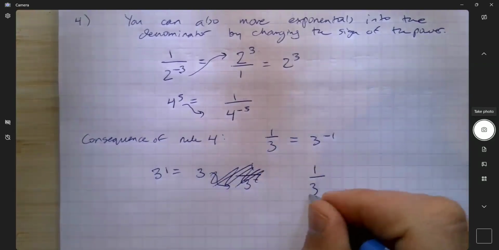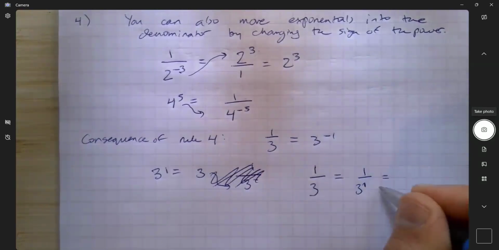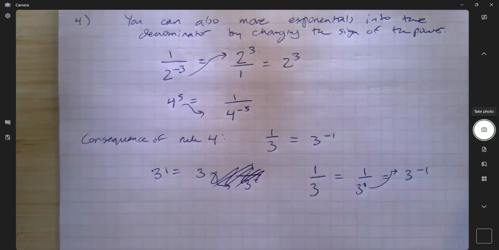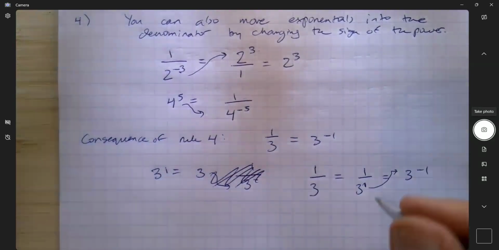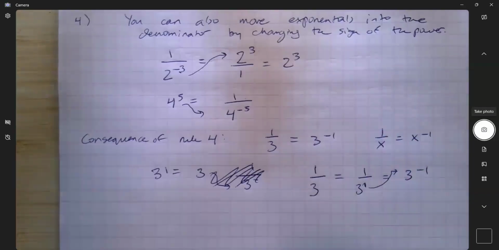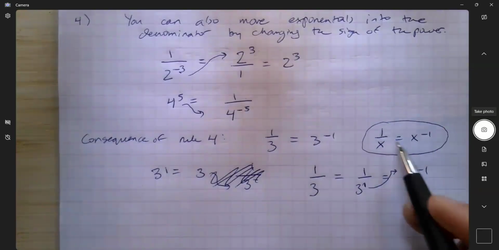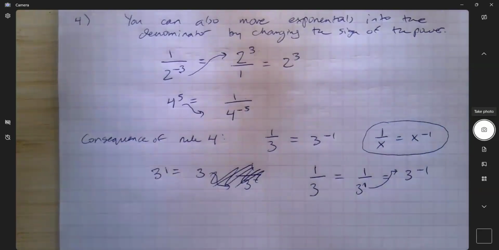So if I have 1 over 3, that's like 1 over 3 to the first. And now I can move it up to the numerator and make it a 3 to the minus 1. In general, 1 over any variable I can rewrite as that variable to the negative first power. This is very common. Switching between a fraction form and an exponential form with variables is super common.